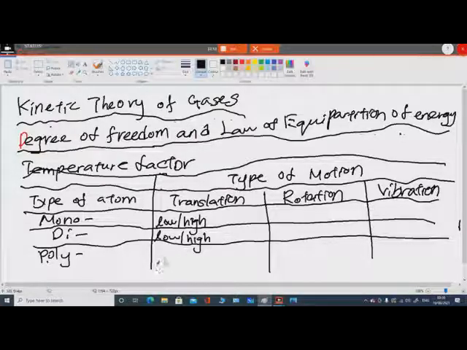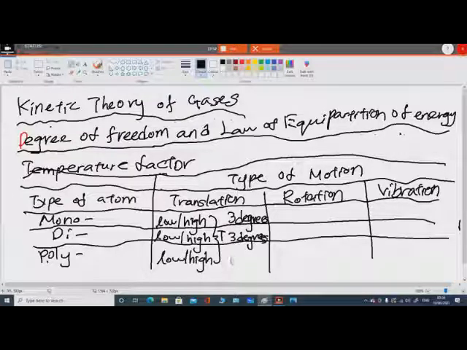Whatever low or high temperature, this will be 3 degrees, and this 3 degrees, as well as for the polyatomic, which is 3 degrees.